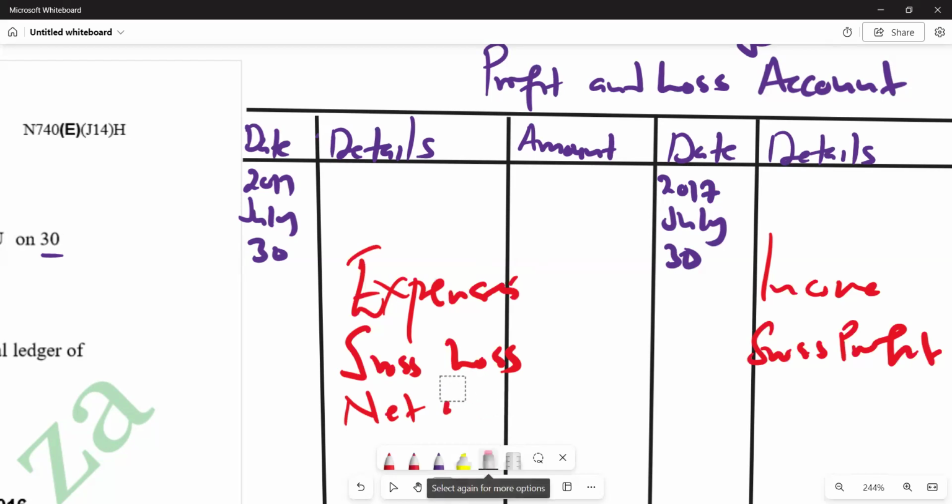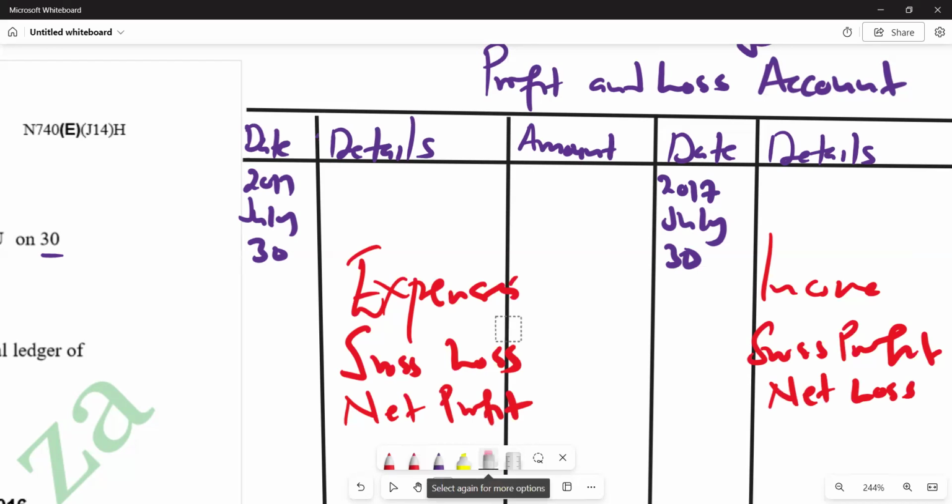If the credit side has a smaller total, that's where we are going to have our net loss as a balancing figure. So this is how we are going to end our entries.